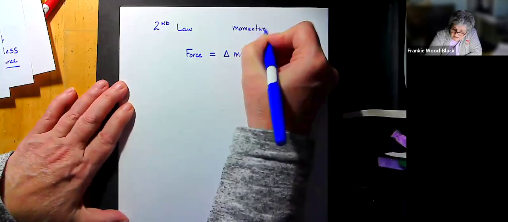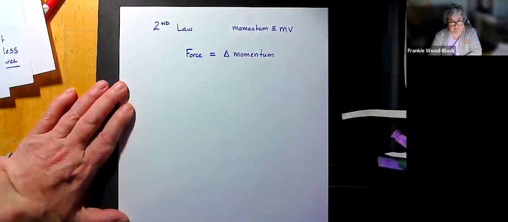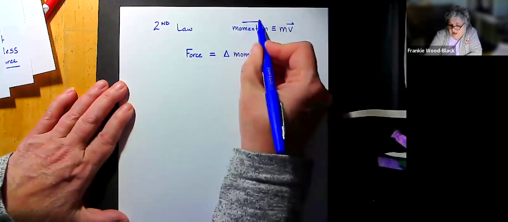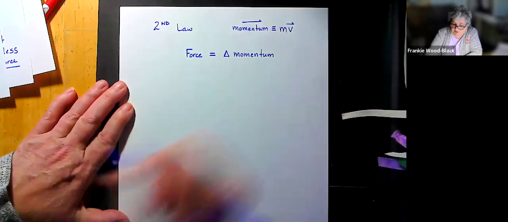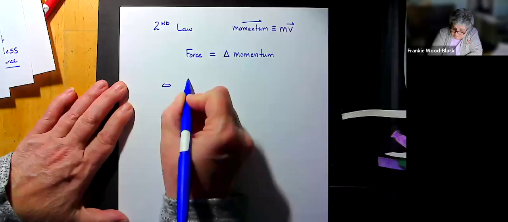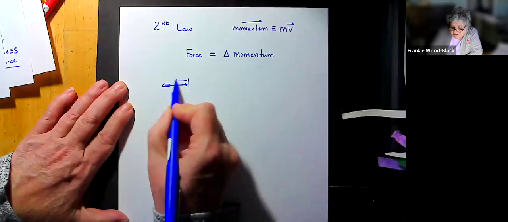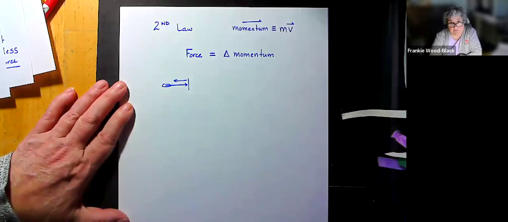Momentum is defined as the mass times velocity. So it's a vector quantity, and it's going in the direction of my velocity. And Newton said that force was equal to a change in momentum. So if I think of my hockey puck example, when the hockey puck comes in and hits the wall, it has a change in momentum because it's going to rebound off the wall.